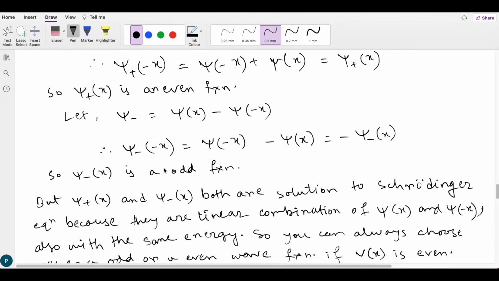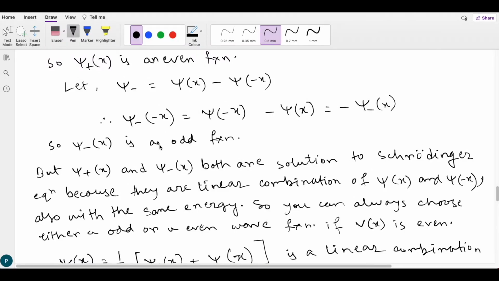Let psi minus equal psi(x) minus psi of minus x. So we can write psi minus of minus x equals minus psi minus of x. So psi minus is an odd function. But psi plus and psi minus both are solutions to the Schrodinger equation because they are linear combinations of psi(x) and psi(minus x) with the same energy.